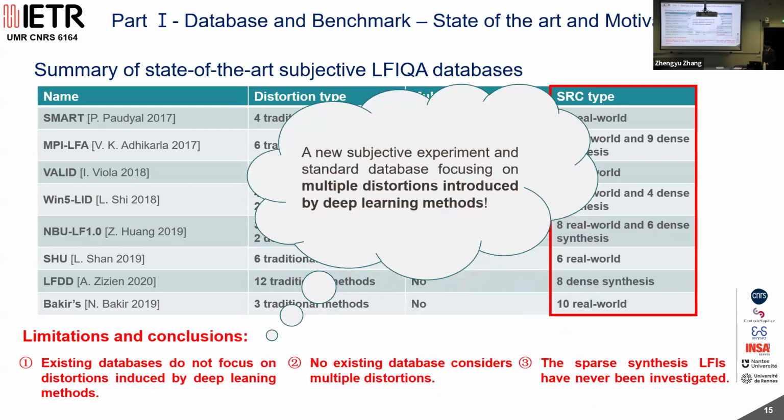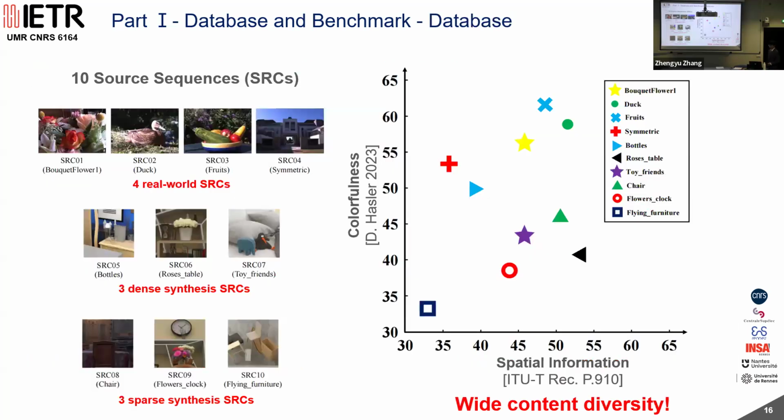Motivated by these limitations, we aim to conduct a new subjective experiment and propose a new database that focuses on the multiple distortions introduced by deep learning-based methods. To build our database, we first choose 10 source sequences as the reference information, including 3 types of light field images.